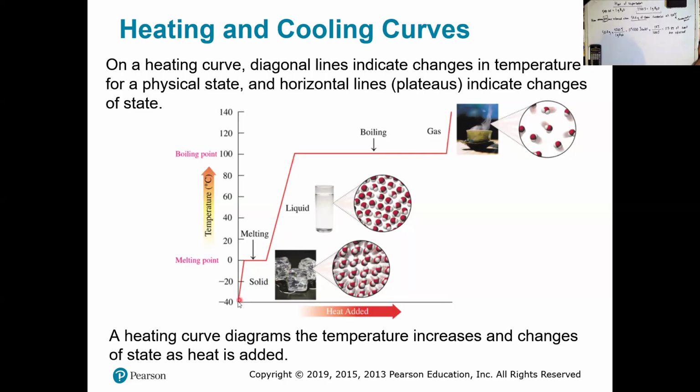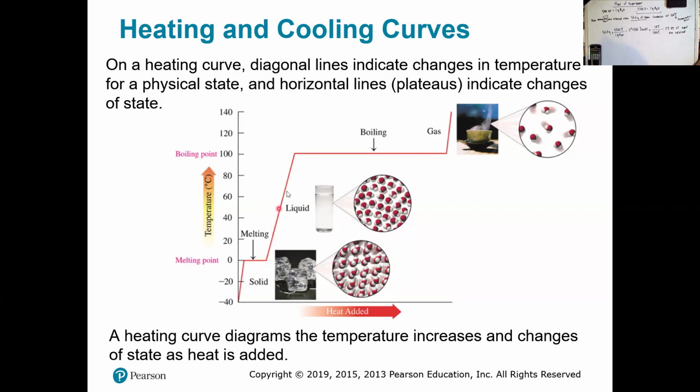Okay. So this portion from -40 up to 0, this is a temperature change, but our physical state is a solid that whole time. The only time when I have a state change happen is when I'm at these flat portions of my heating curve. These flat portions, which are called plateaus, this is when I do not have a temperature change, because all of the heat energy that I'm adding is being directed into changing the physical state of my substance.